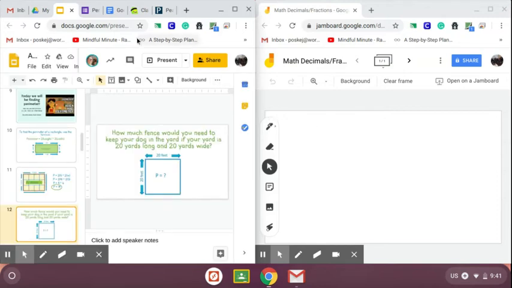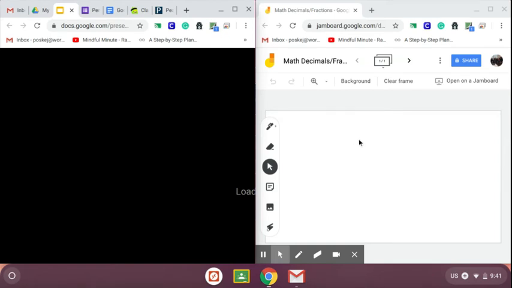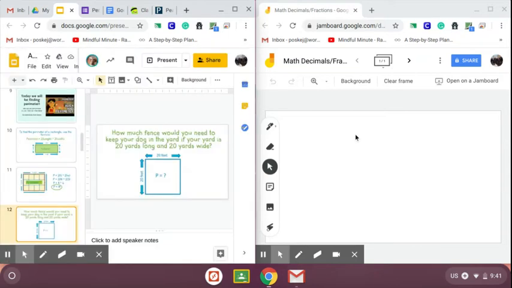All right, so the question's asking me, if I have a shape like this, it's a square, and if this side is 20, and if this side is 20, what is the perimeter?